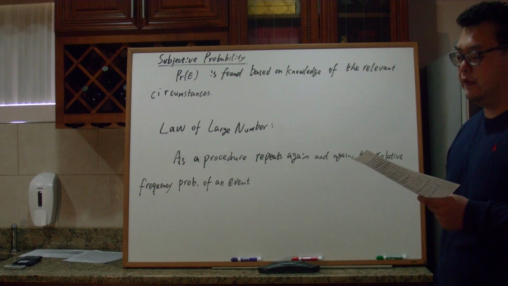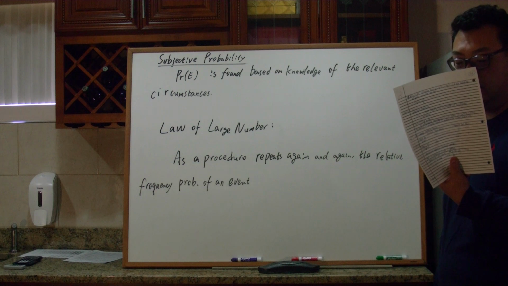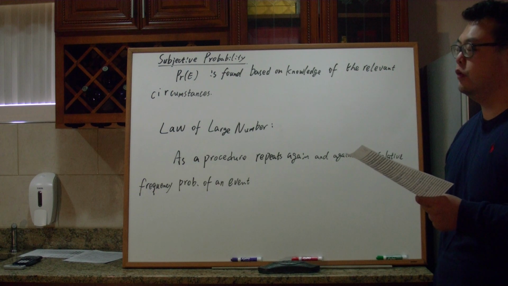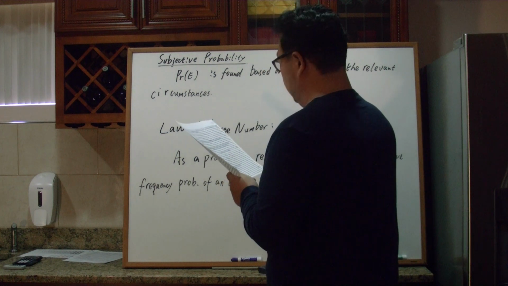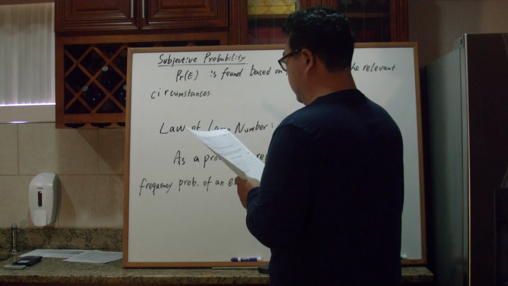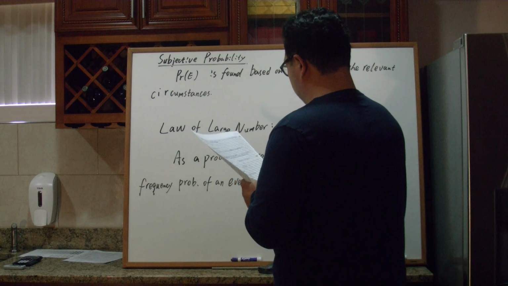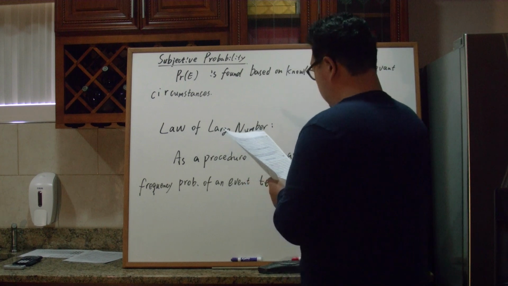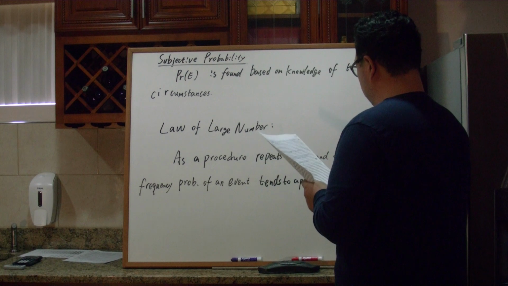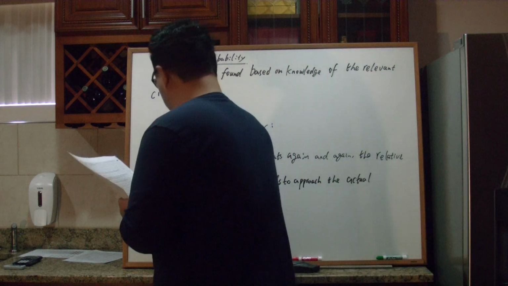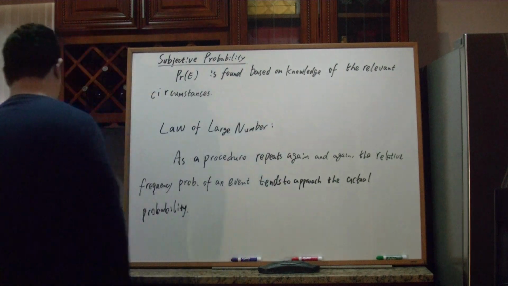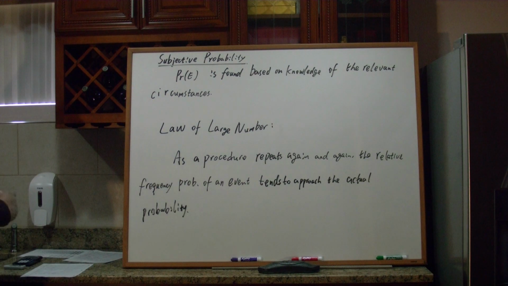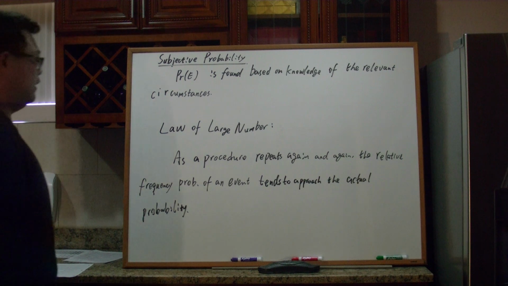If you repeat the procedure again and again, a really large number of times, then the relative frequency approach tends to approach the actual probability. Since we're doing a relative frequency approach, that is the law of large numbers, which is just for information.